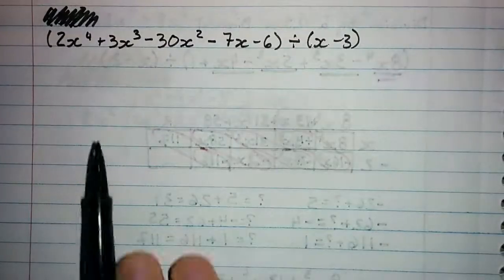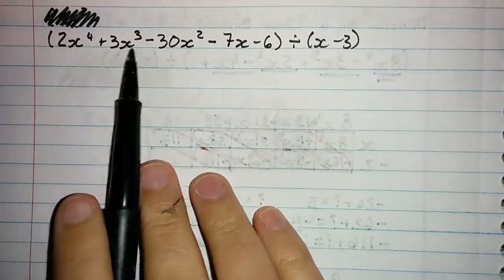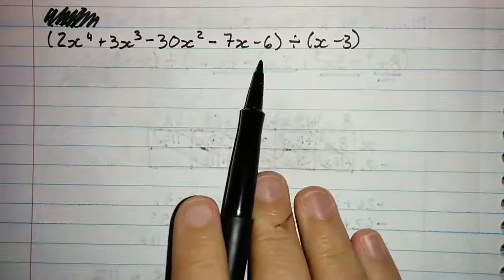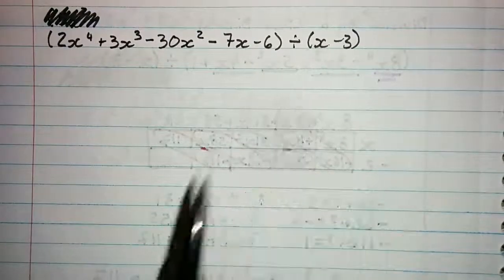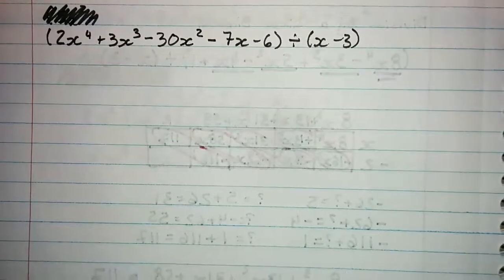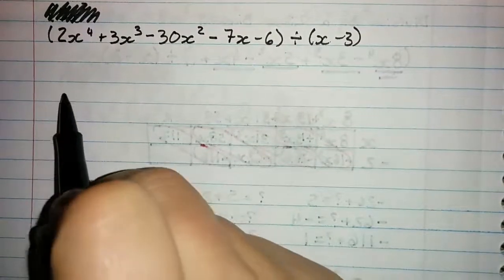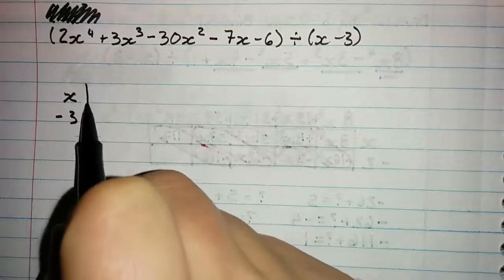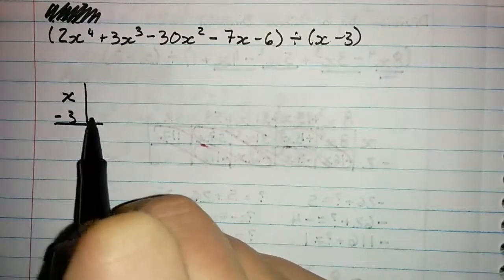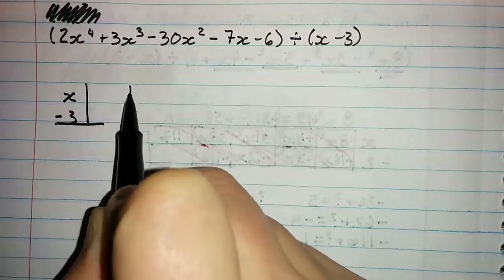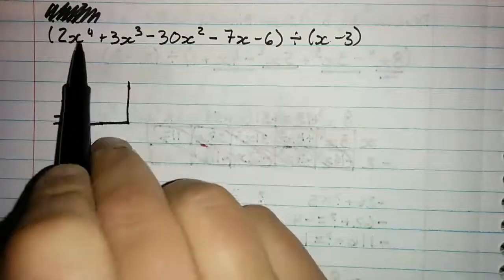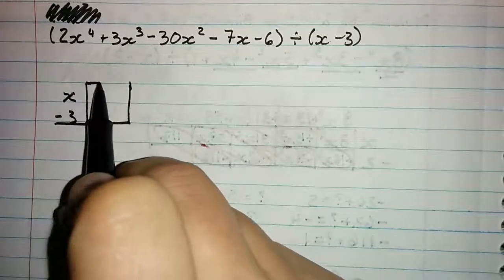Let's do the division 2x to the 4th minus 3x cubed minus 30x squared minus 7x minus 6 divided by x minus 3. So I'll have x minus 3. And then my quotient, well, it's not going to have an x to the 4th term.